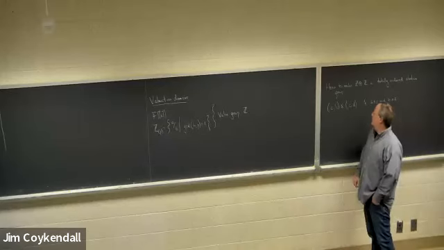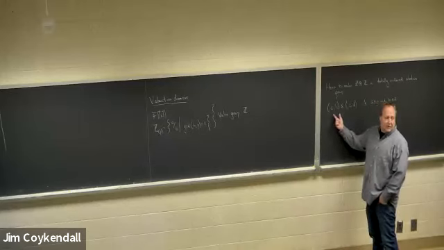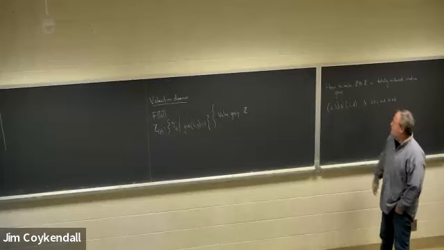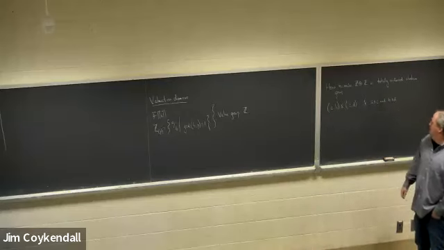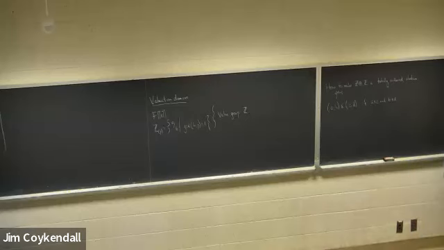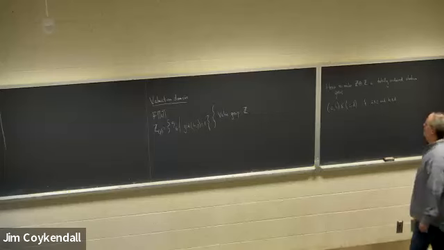Because AB is less than or equal to AB, right? It's transitive, it's clearly transitive, and it's anti-symmetric because if AB is less than or equal to CD and CD is less than or equal to AB, then they have to be equal. Right? But this is not a total order.